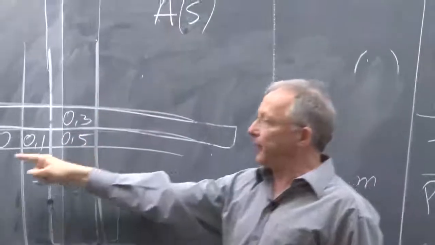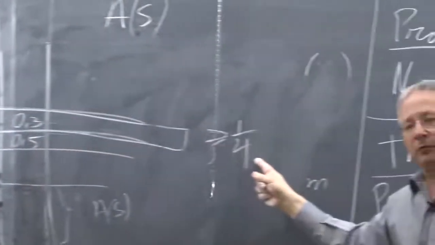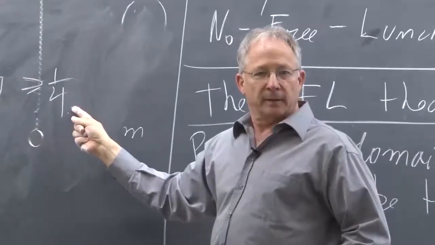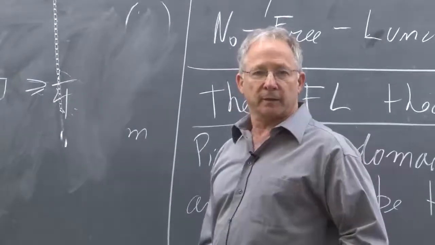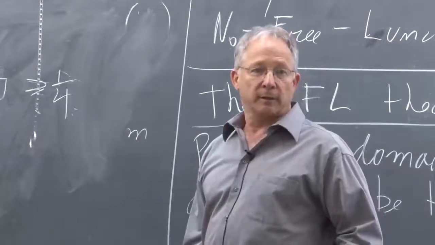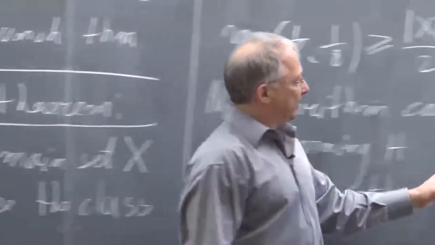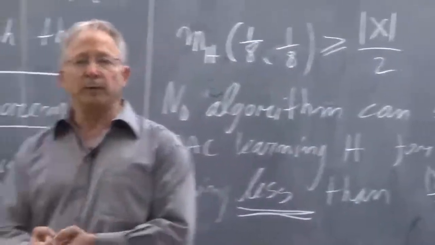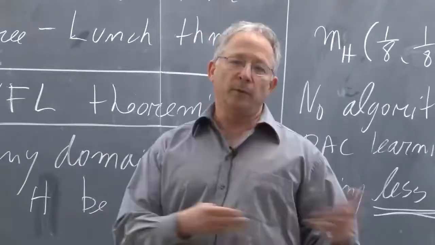I fixed my algorithm, and I found a function that forces it to make a lot of errors. It forces it to make at least a quarter of errors in expectation. This means that I didn't achieve good enough learning. With so many examples, I could not guarantee that my algorithm, no matter what input I give it, will not make a big error.